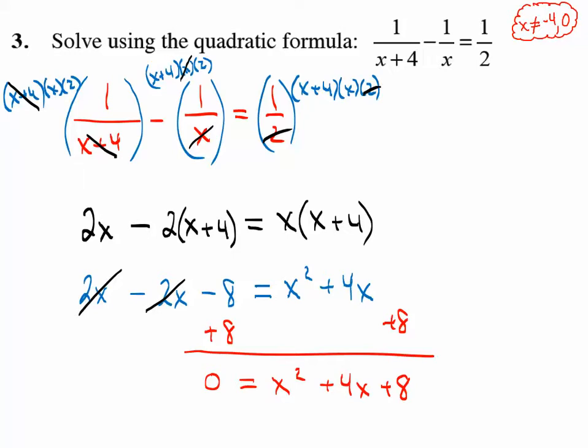Or 2 times 4, but then the 6 would have to be in the middle for it to be factorable, right? This is one of those good ones where at first look, it feels like, yeah, it's going to factor. Of course, it's 8 and a 4. And then when you look at it, like, yeah. Okay, not factorable. Therefore, quadratic formula. Go for it. A is 1. B is 4. And C is 8.